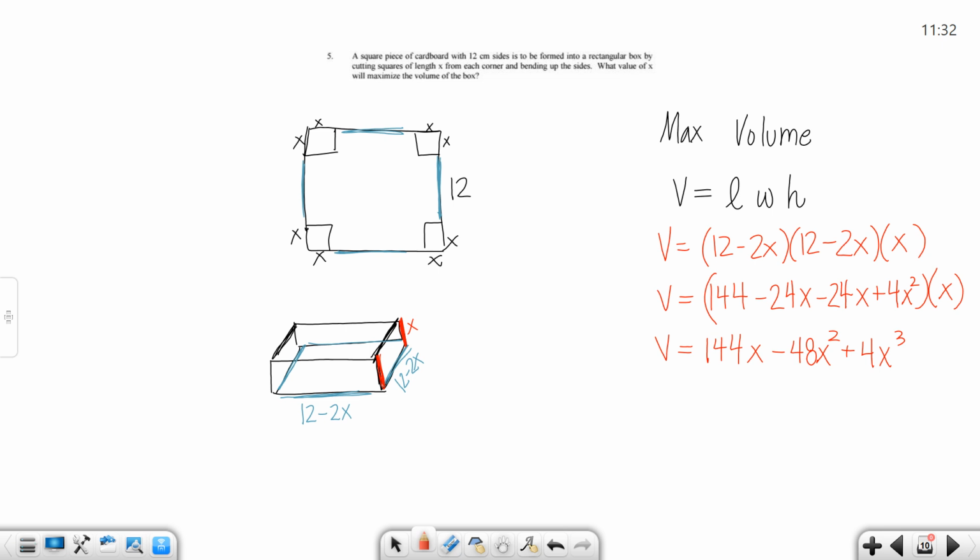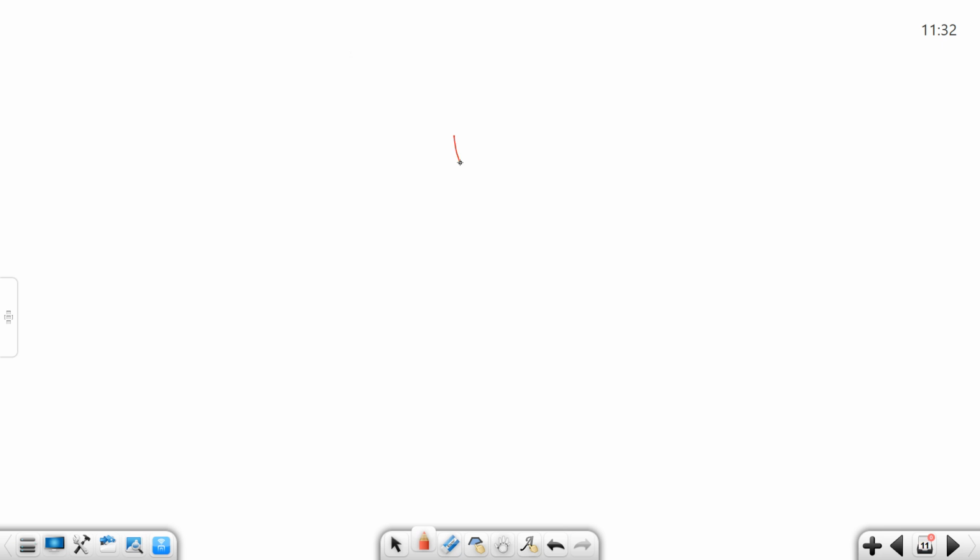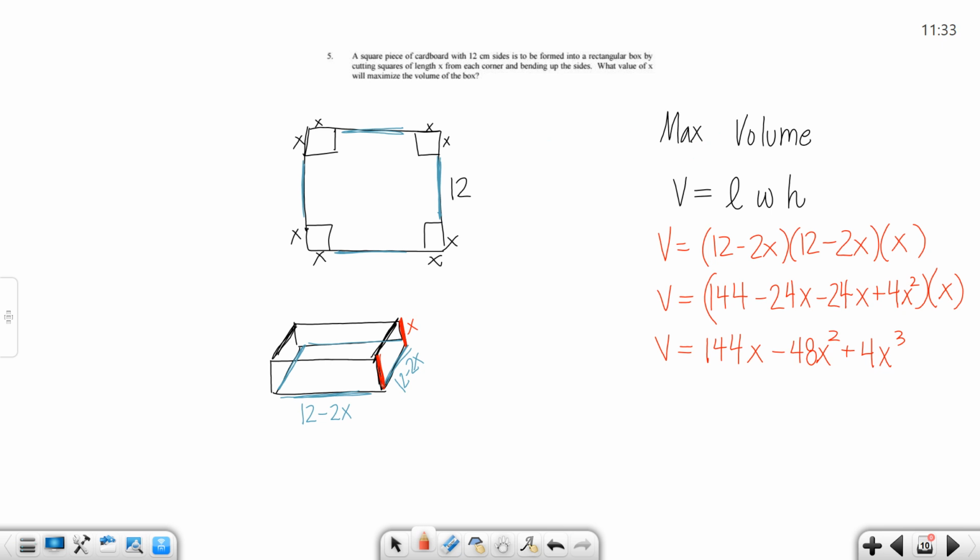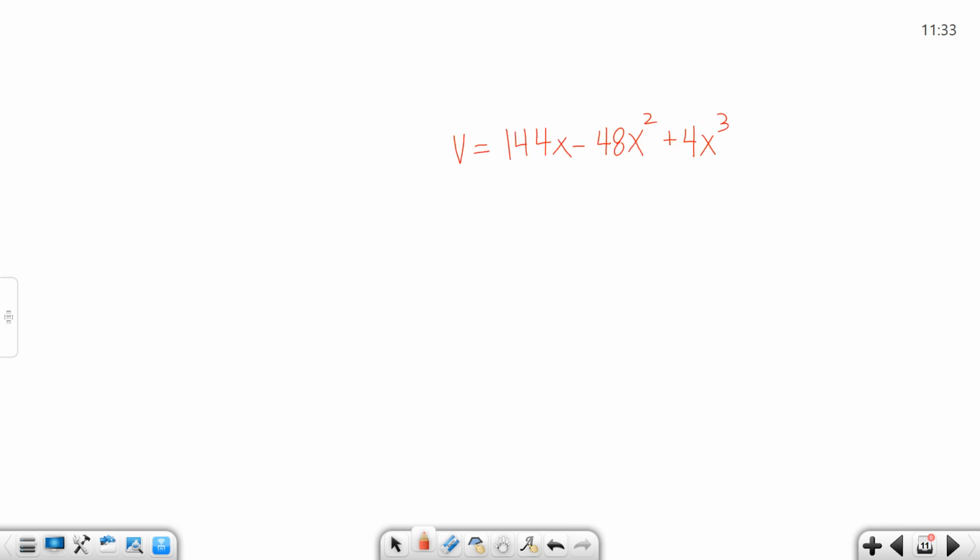We have to set the derivative equal to 0. Okay, let me double check my formula real quickly. Oh, it's good. So let's take the derivative. When we take the derivative, we get 144 minus 96x plus 12x squared. We're going to set that to 0.